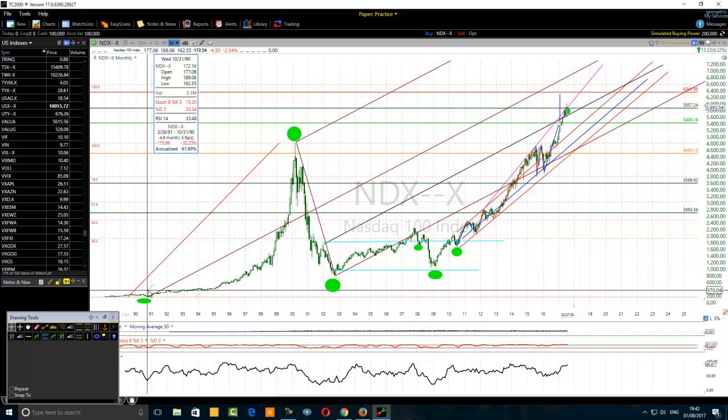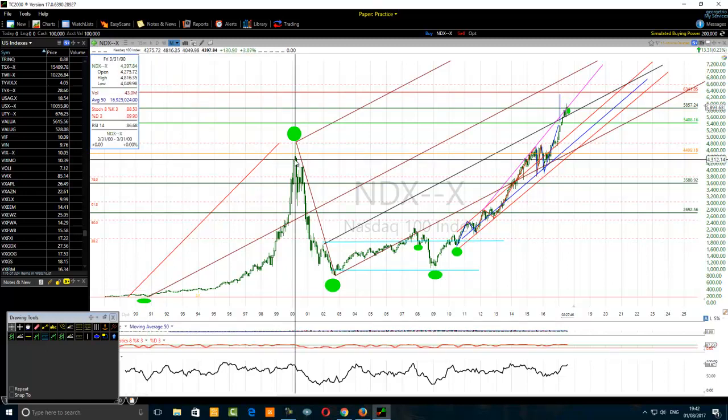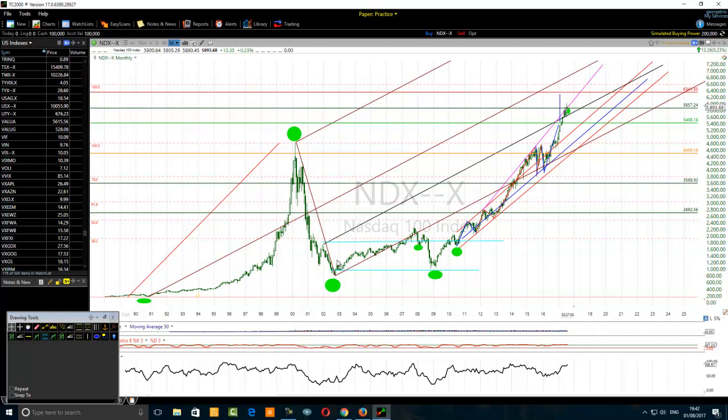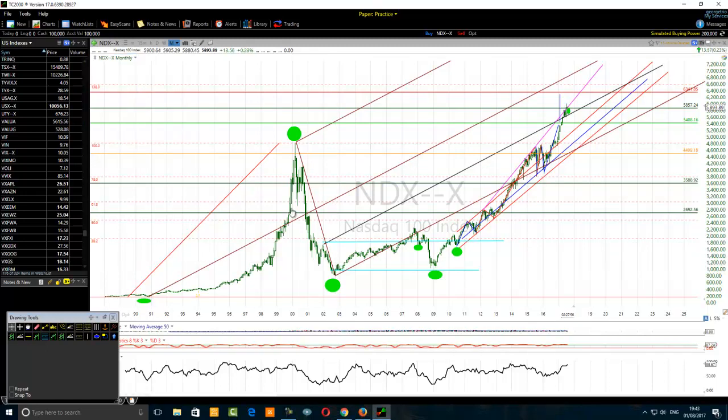I'm not saying that you have to, but it will be useful for you to see more data. Connecting that low to the high, you see this high here, the high of March 2000, and the low of October 2002.